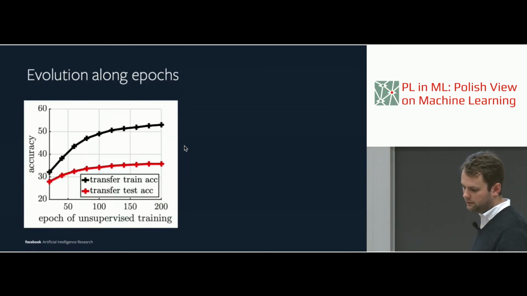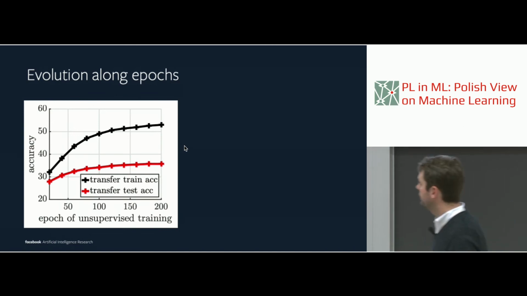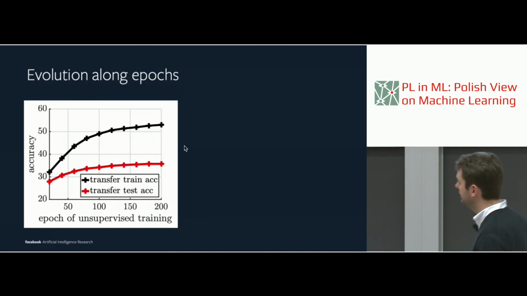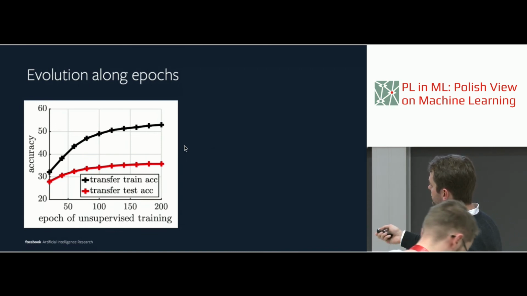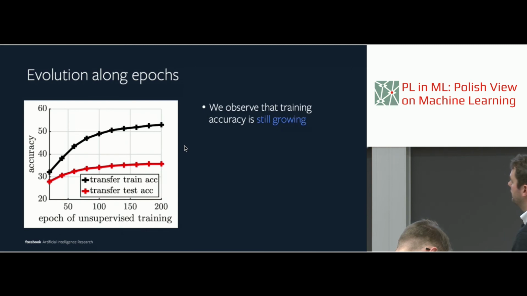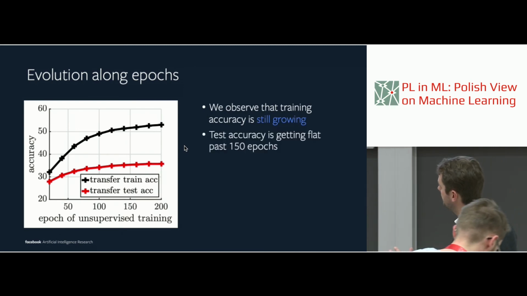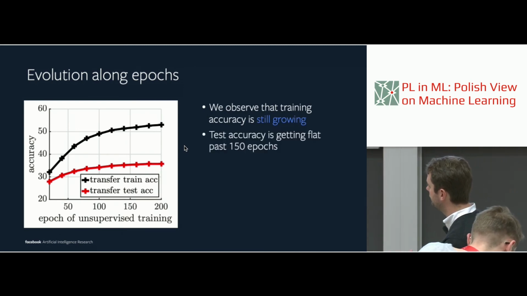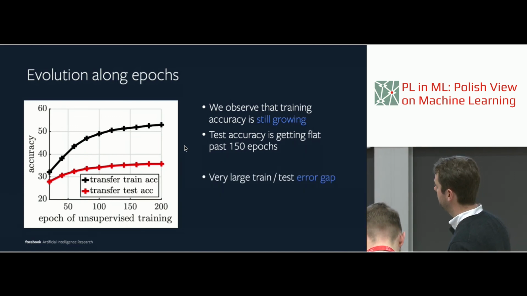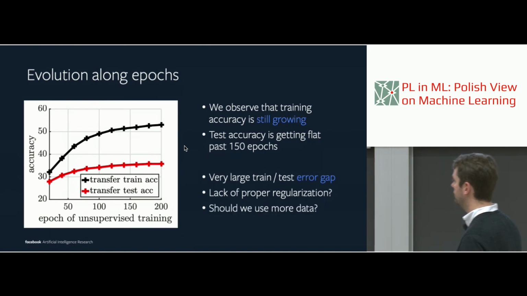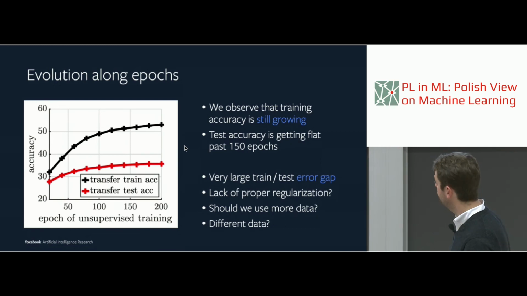So if you look at the evolution of performance along epochs, you see that on this experiment, as you roll out the unsupervised training, the gap between the training accuracy is still growing, the test accuracy is kind of plateauing, and there is a big gap between train and test. This may be due to lack of proper regularization, maybe we didn't have enough data back then, or maybe we should use different data.